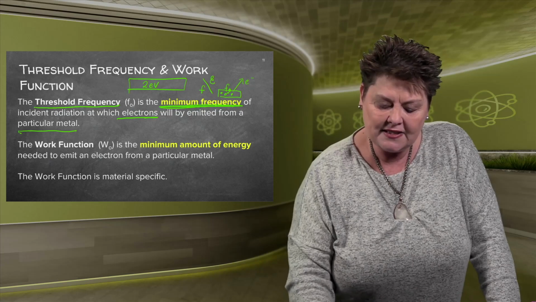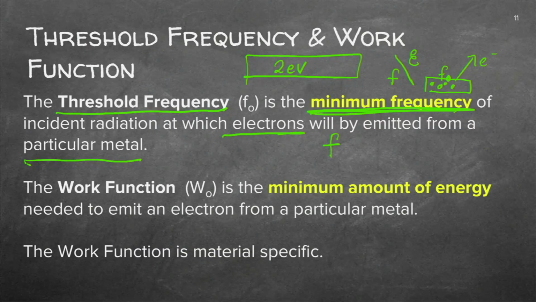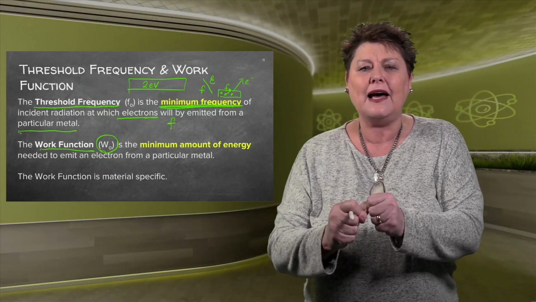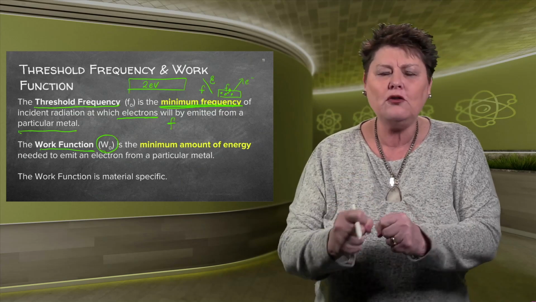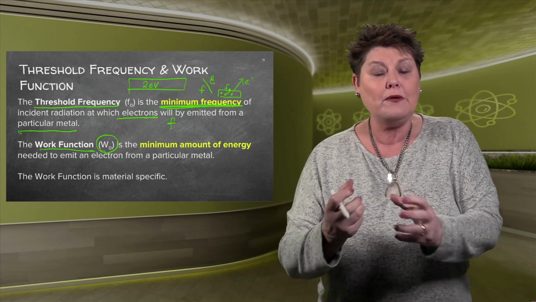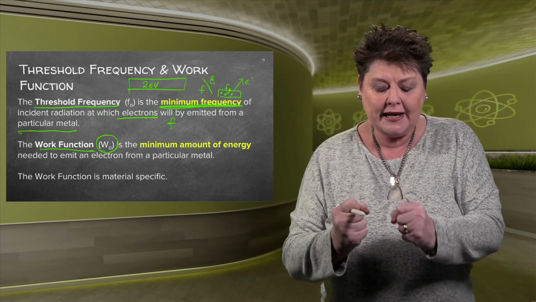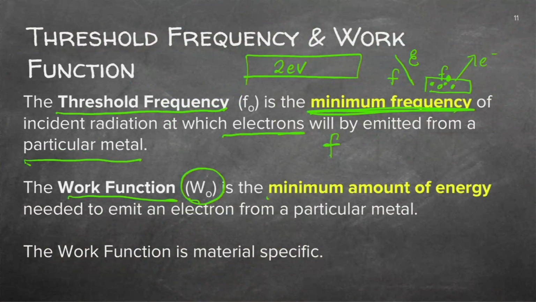In the second instance, you can either define it as the frequency or you can define it as the work. It's the work function. It's actually the work being done by the light rays going in, trying to get that electron out. And remember, the metal is clinging to that electron. That will be the minimum amount of energy needed to emit an electron.